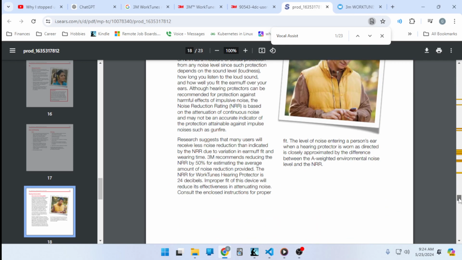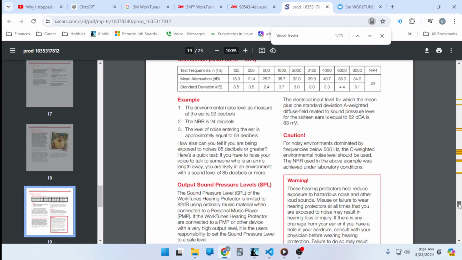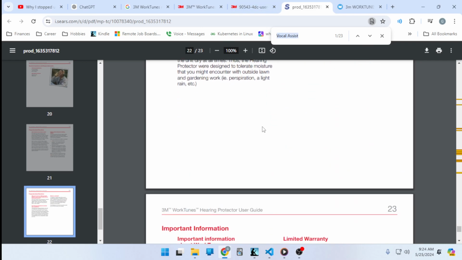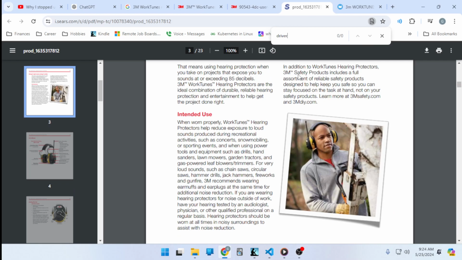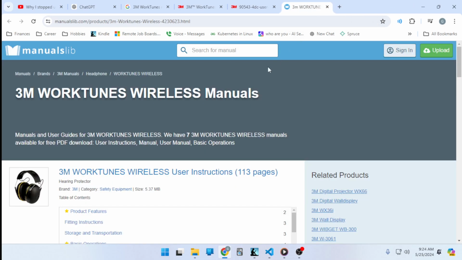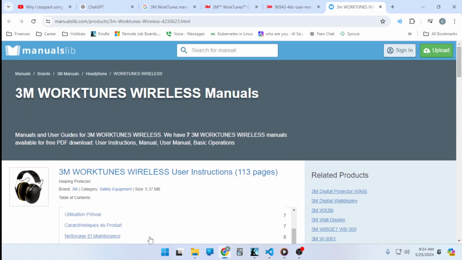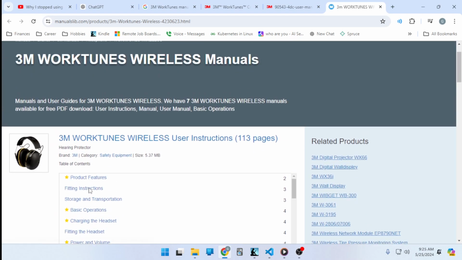It's not working the same as the other headphones, and I think it's because of the settings. So let's search for driver. Don't see anything. I don't think the search is case sensitive. No. So 3M Work Tunes driver. Shoot.